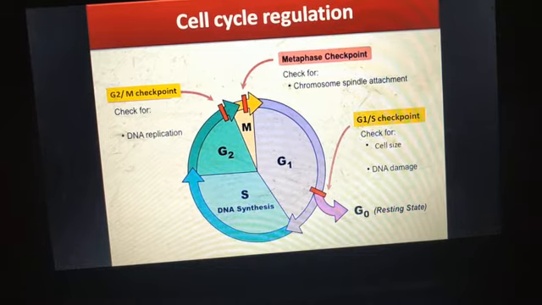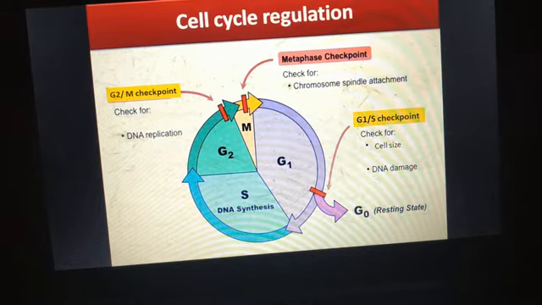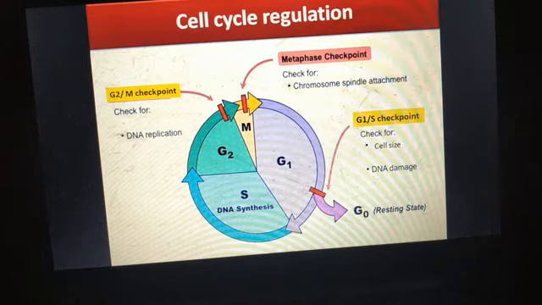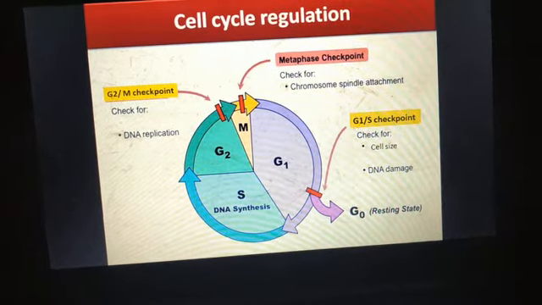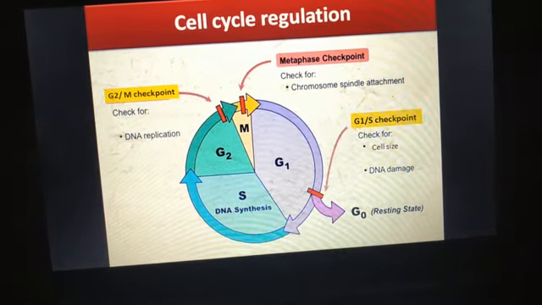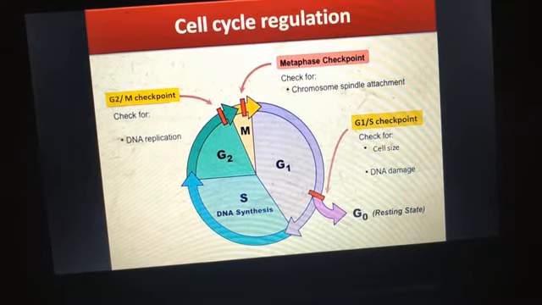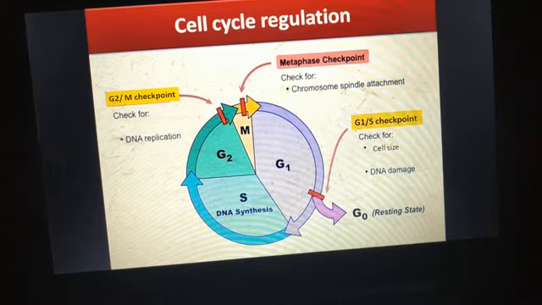These checkpoints help us ensure that all the events and all the preparation have taken place properly. Thus they also help to prevent the cell from developing any kind of cancer.